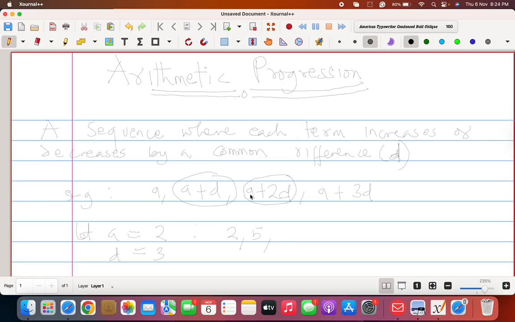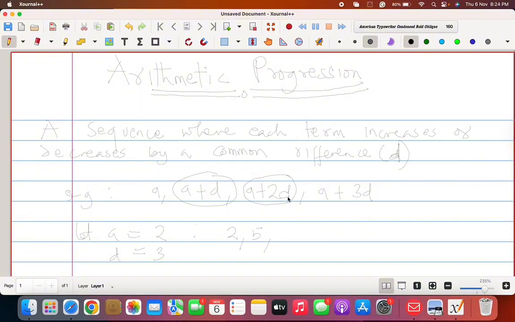For the third term, A is 2, 2 times 3 is 6, plus 2 is 8.